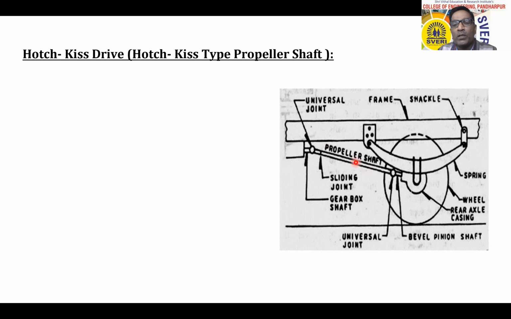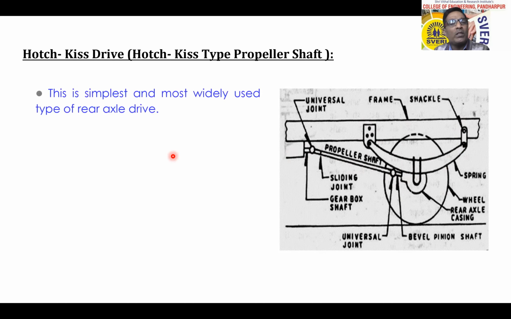Here universal joint, here universal joint, and here the bevel pinion shaft, which is connected to this rear axle casing, so that is the final drive inside this. This one is the spring. This is the wheel. This one is the shackle, and this is the front anchor.